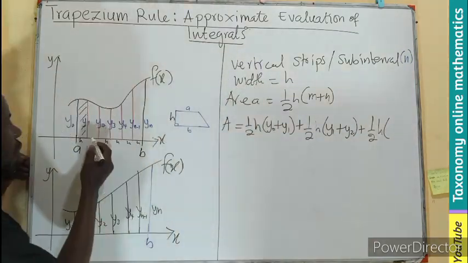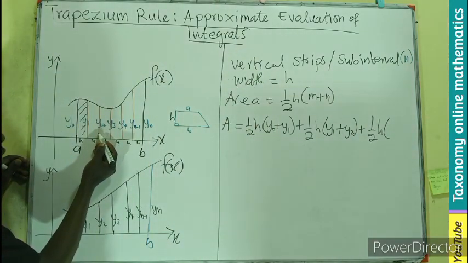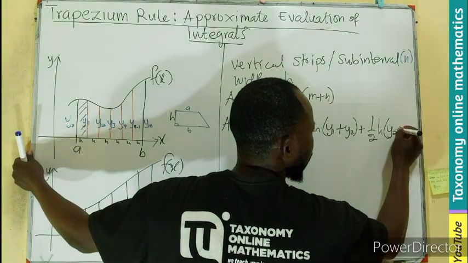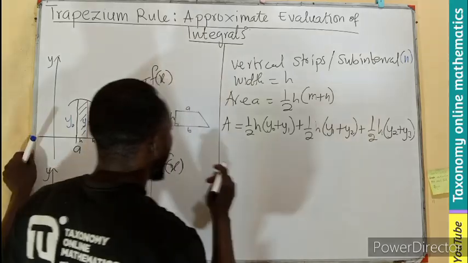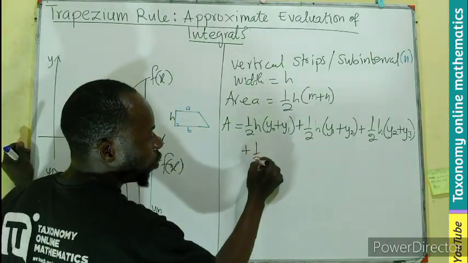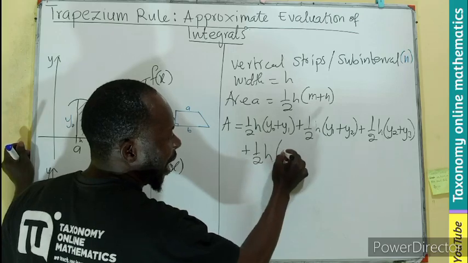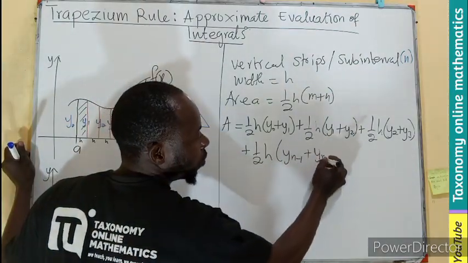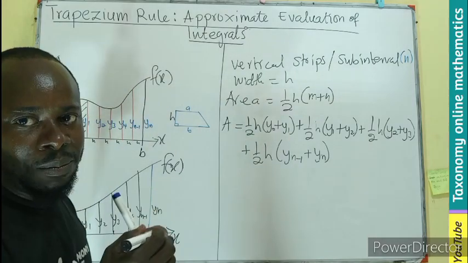The area of the third one, y2, y3. We can see that I'll be adding that and adding up to this as yn minus 1 plus what? yn. I'm adding all of them.